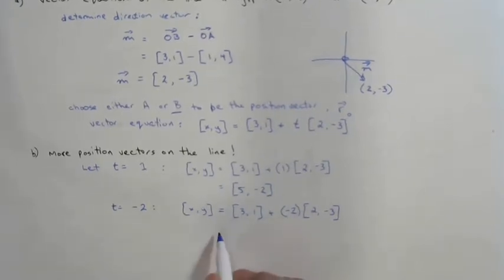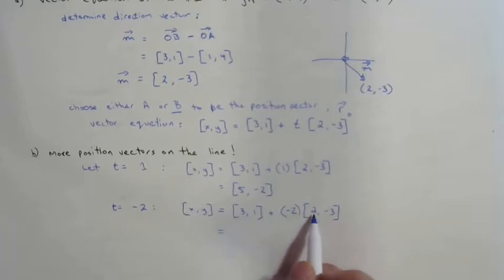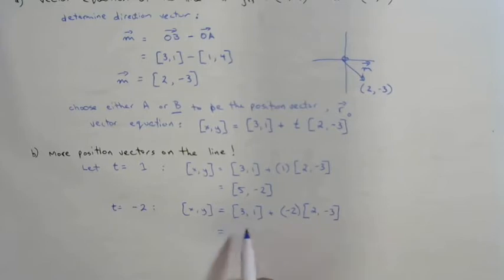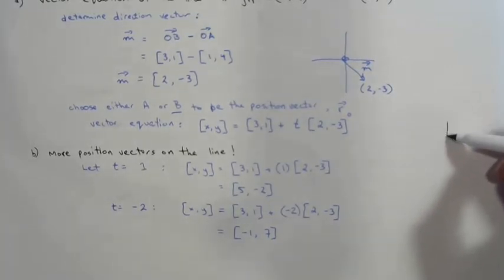You could do this in 2 steps. I'm just going to do it in 1, but this gets distributed, negative 4, positive 6. Okay, so I'm going to have 3 minus 4, which is negative 1, and I'm going to have 1 plus 6, which is 7.